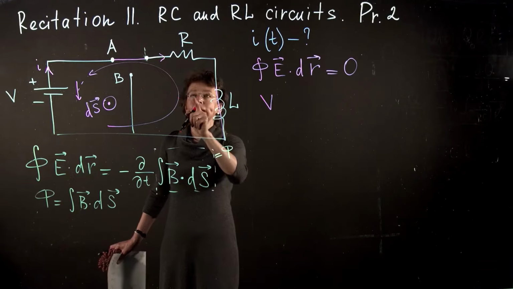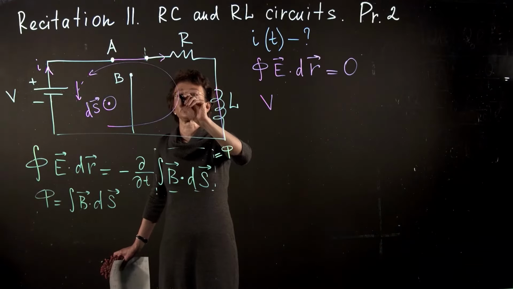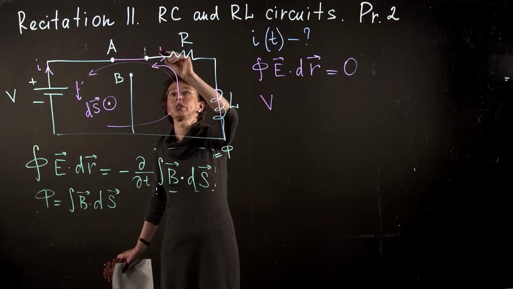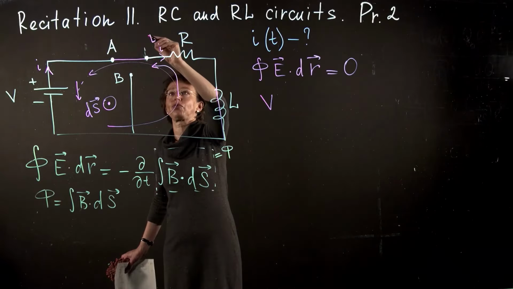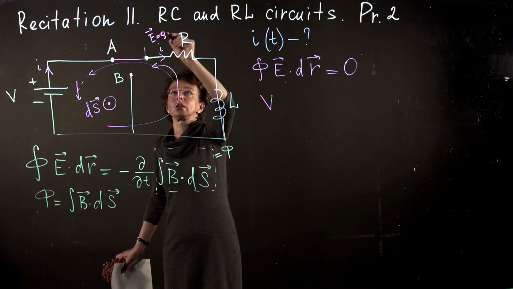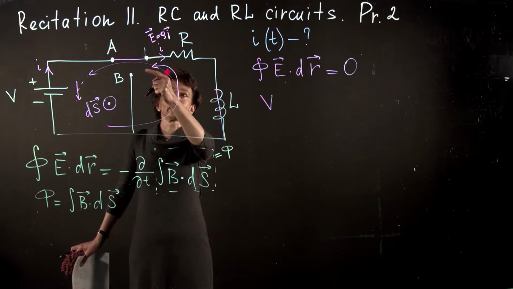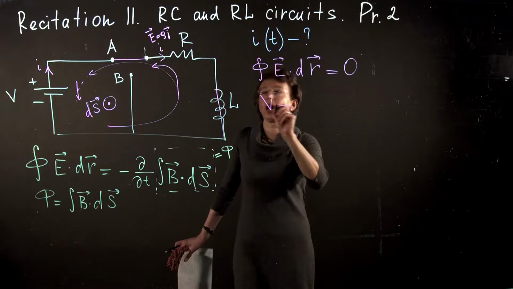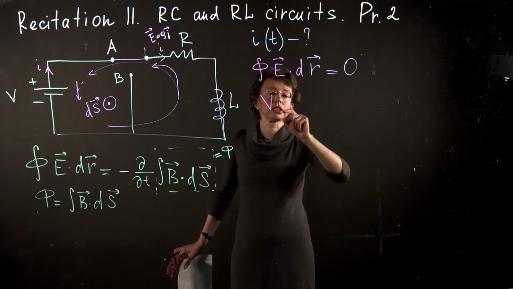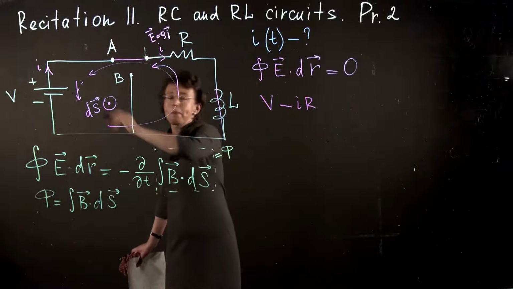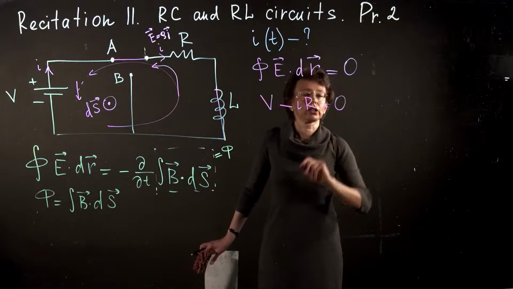Current is going in the clockwise direction with our choice, and we go in the counterclockwise direction. So this is the direction of current. The electric field, which is rho J, is also to the right, and we go to the left, which makes E dot dr across the resistor negative. I put minus, and the magnitude is IR, and we come back to the battery, so we close the loop.